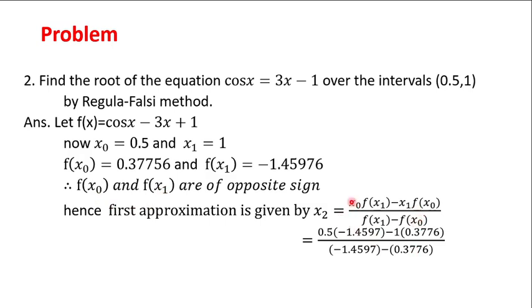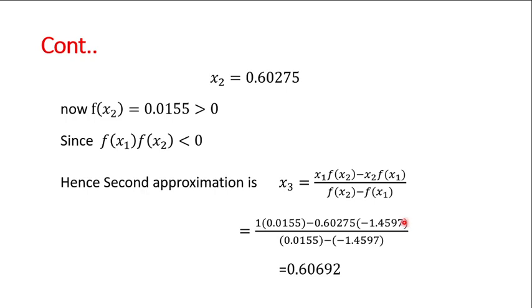Substitute the values of x0, f of x1 and x1, f of x0 in the numerator and also the denominator. Simplify. We get x2 is equal to 0.60275. Then press answer. What is the answer here? 0.60275. This is the answer.